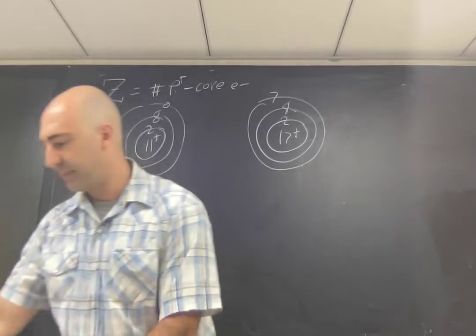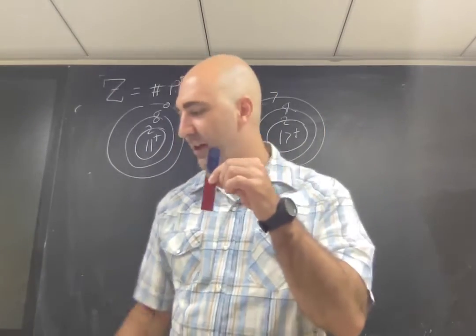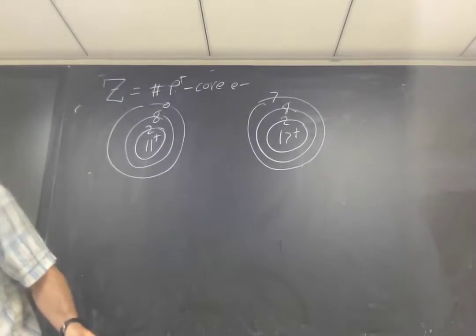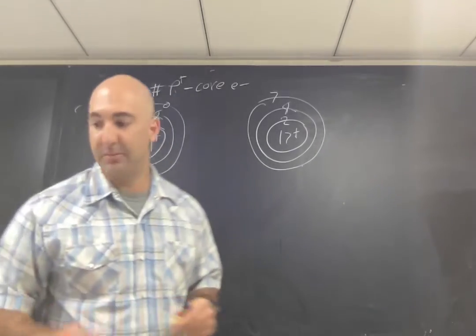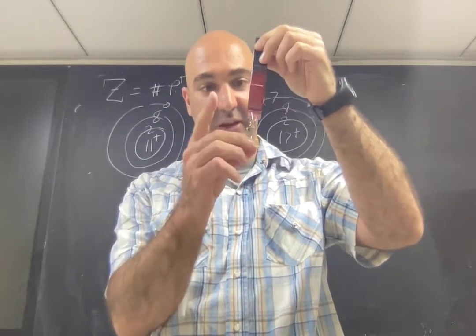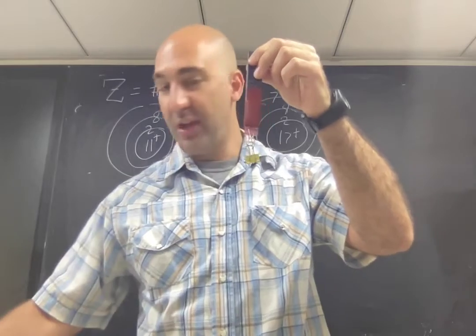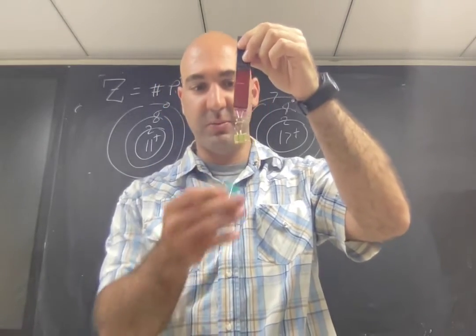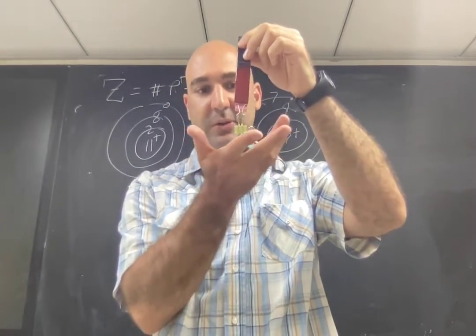If you have a magnet at home and you take a piece of metal, you put it on the magnet and it sticks. You take another piece of metal and it sticks. But if you try to put a third piece on there, it just falls away.